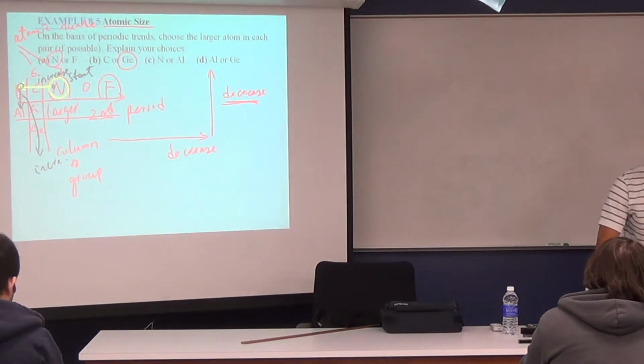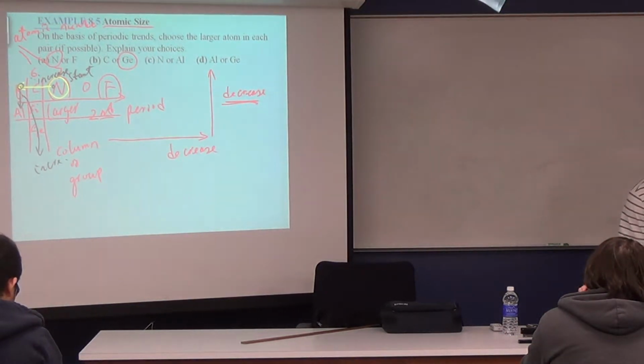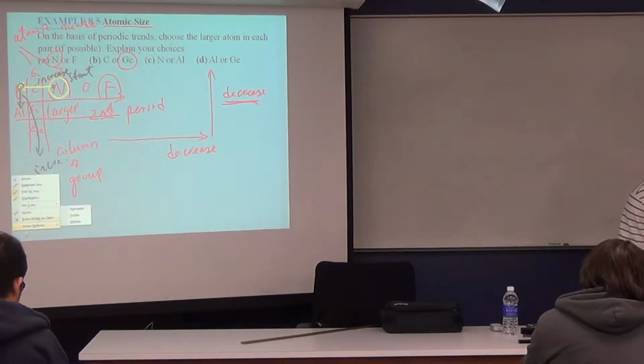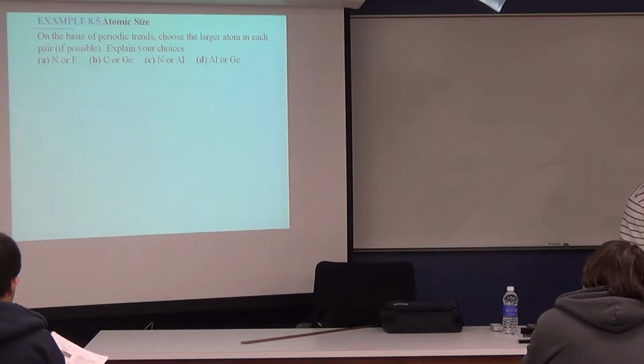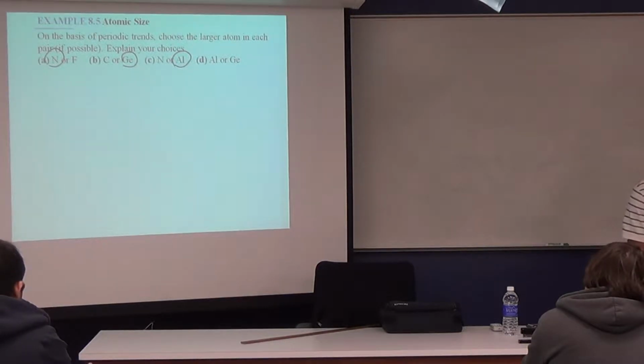Now let me erase this and see the last one. We figured out N is bigger, germanium is bigger, and Al is bigger. Now compare Al with Ge. Let's say Al is here, then Si is here, gallium Ga is here, and then Ge is here.